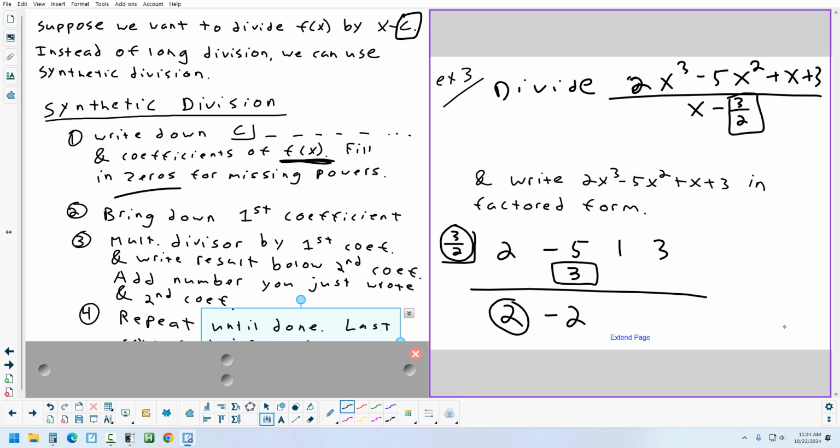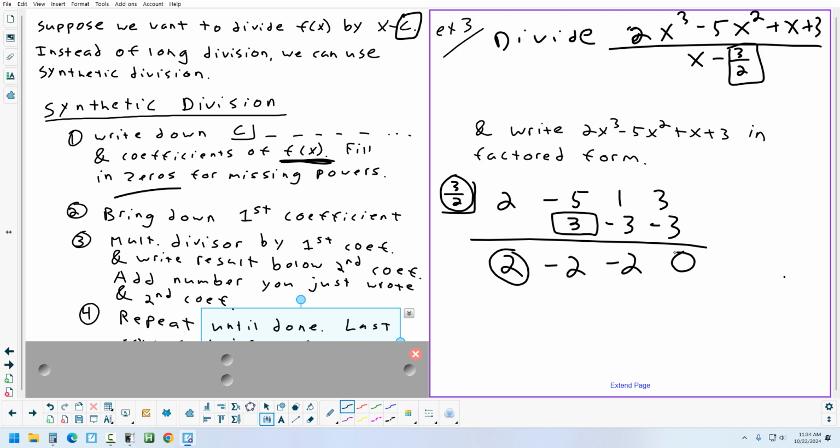So the next one, 3/2 times -2. What's 3/2 times -2? That's -3. Add the column. What's 1 plus -3? -2. So we're going to do the same thing again. What's 3/2 times -2? -3. Add the column.